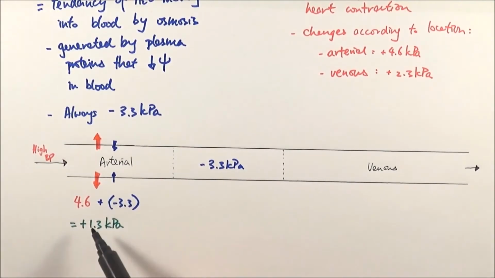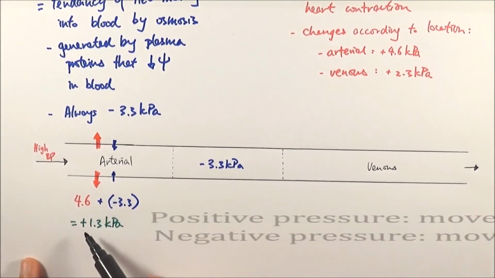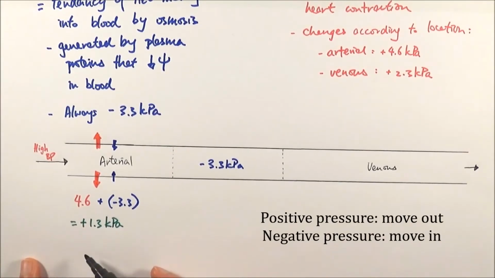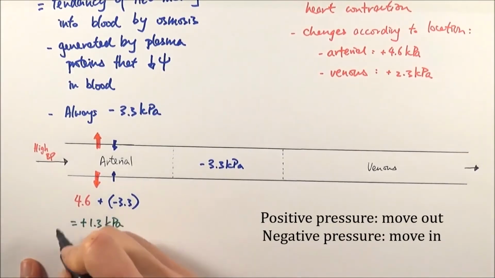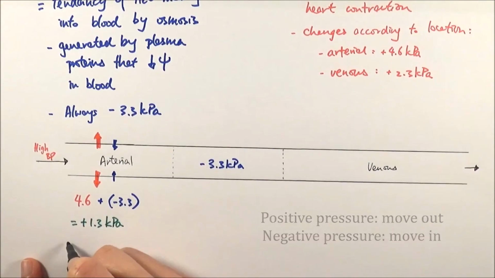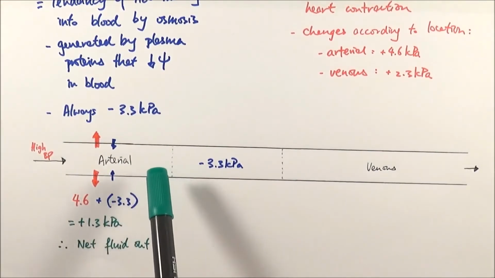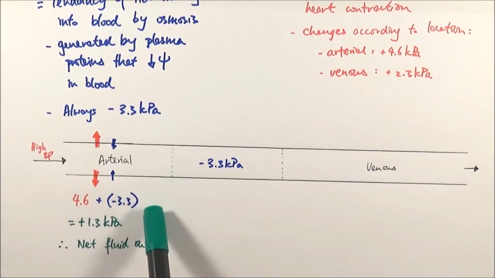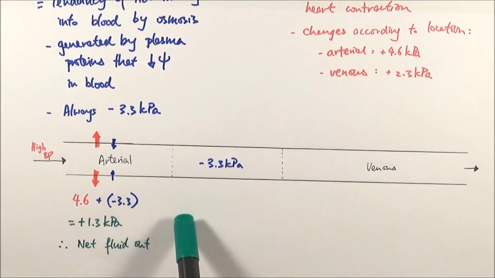Positive means it's trying to leave the blood, so the overall net movement is out. The plasma containing all the oxygen or glucose leaves the blood capillaries, forming tissue fluid, allowing the nutrients to diffuse into the cells. So the cells get the things that they need.